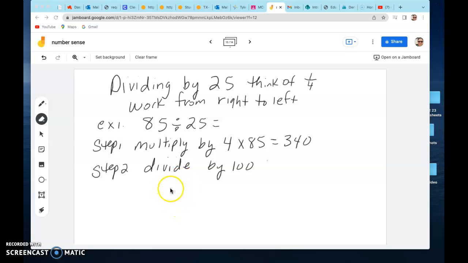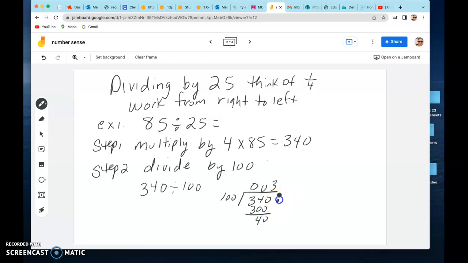So when you're dividing by 100, it's going to be 340 divided by 100. Of course, that would be 0 because it doesn't go into 3, it doesn't go into 34, but it goes into 340 3 times.